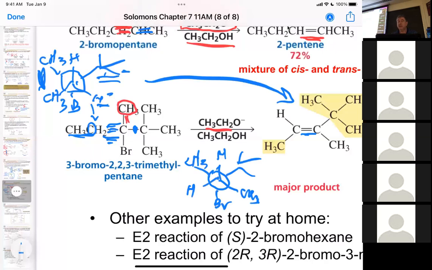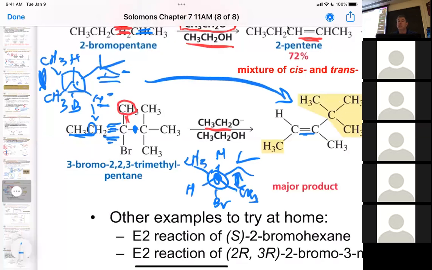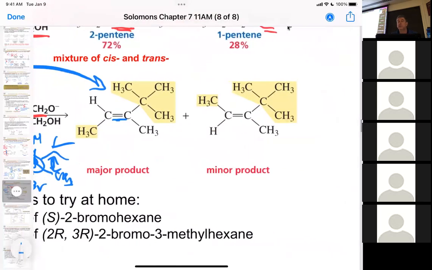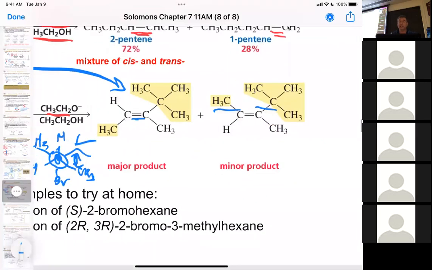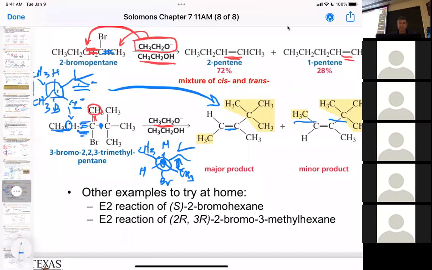In this case, the methyl group and the T-butyl group are getting close to each other. Therefore, when we form the double bond, the methyl group and the T-butyl group would be on the same side, which they were not on here. So that's why it's the minor product, because of that transition state right here.